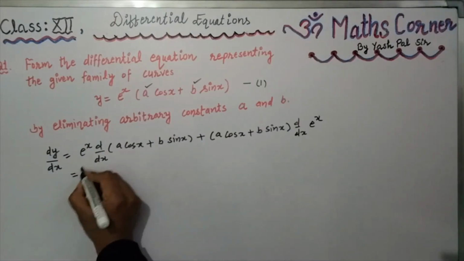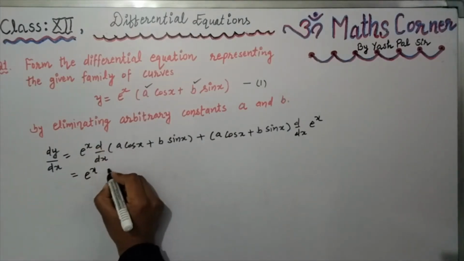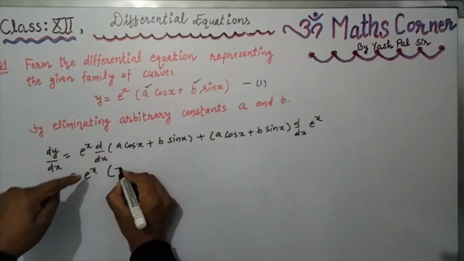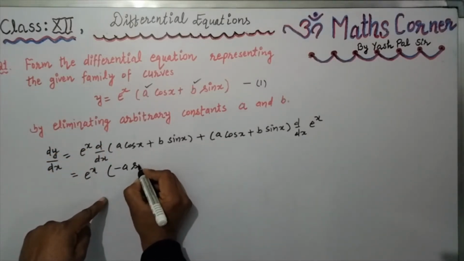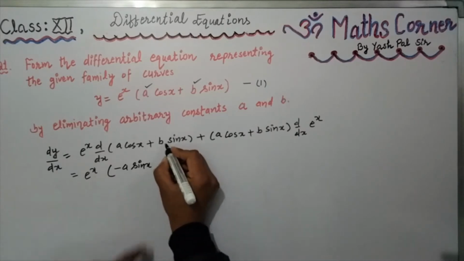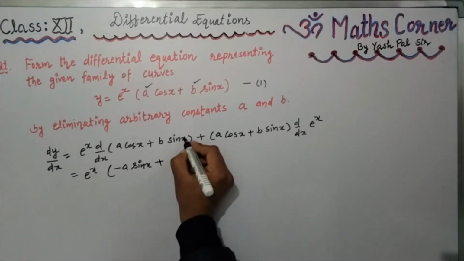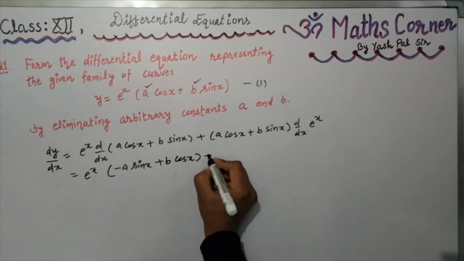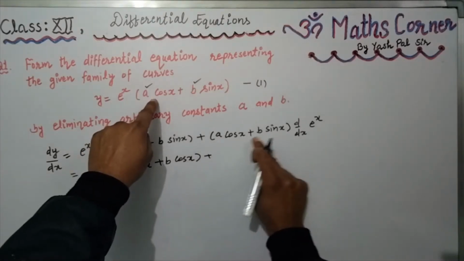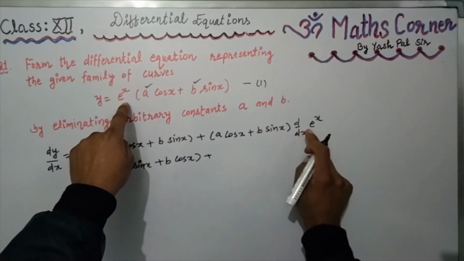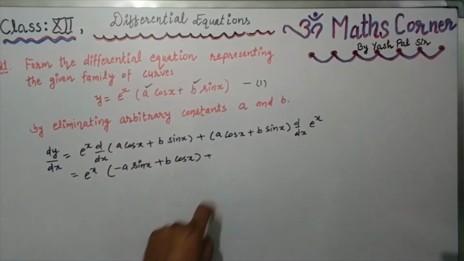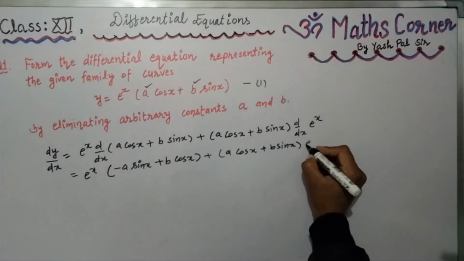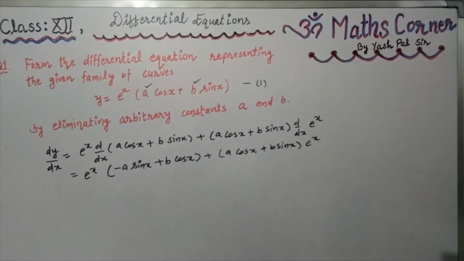The derivative of a cos x is minus a sin x, plus derivative of b sin x is b cos x, plus a cos x plus b sin x into e raised to power x, which will remain the same, as the derivative of e raised to power x has no change.